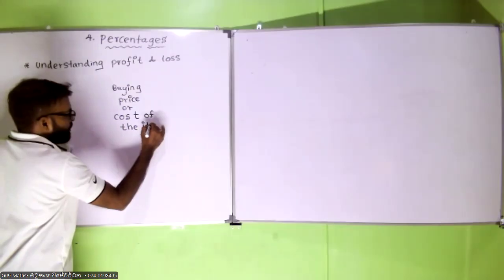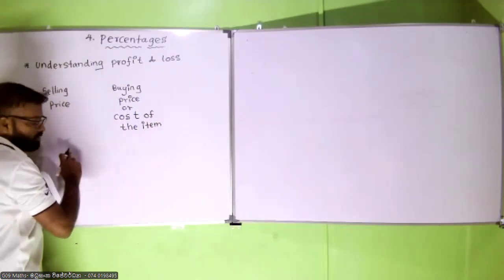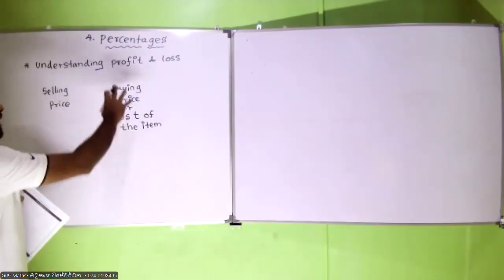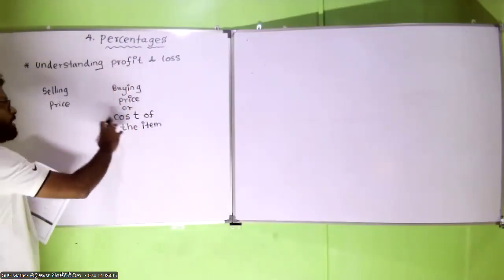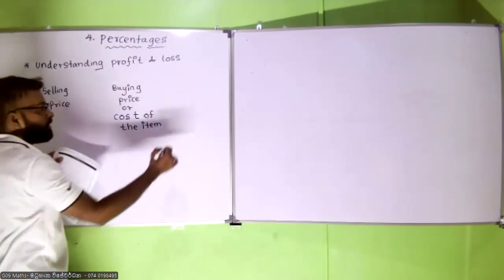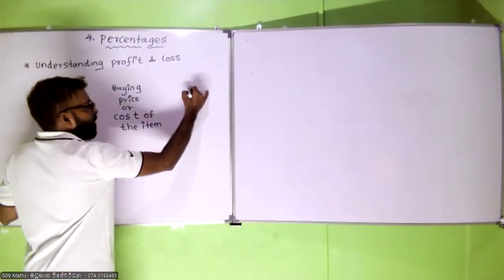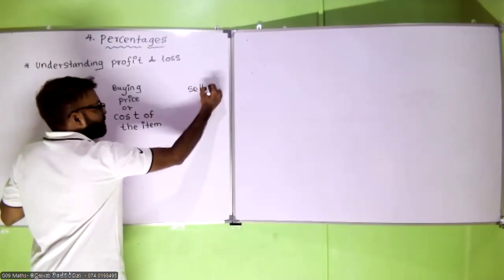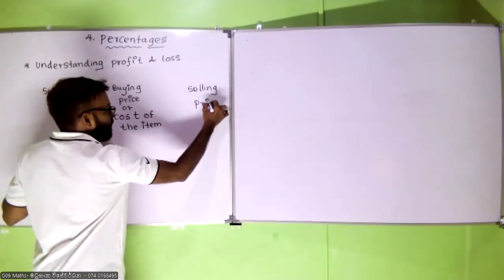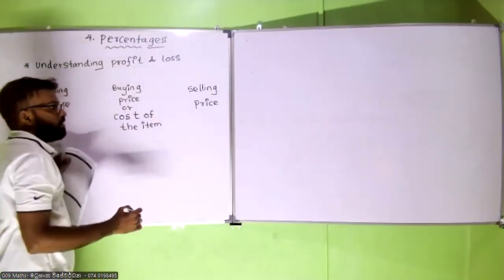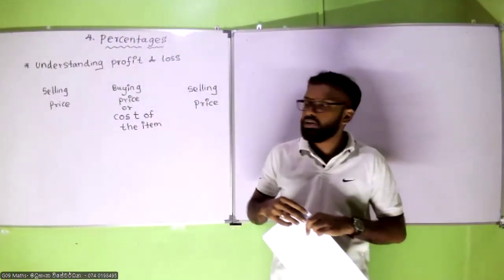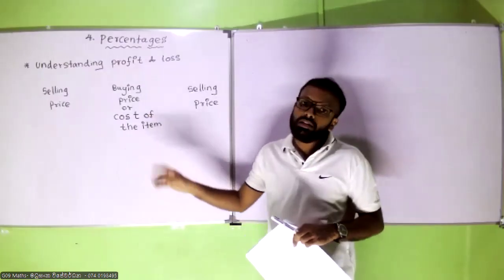There are a few things to write down here. Don't write this too big. Then again, selling price. If you finish writing this, stop writing so that I can explain the rest.